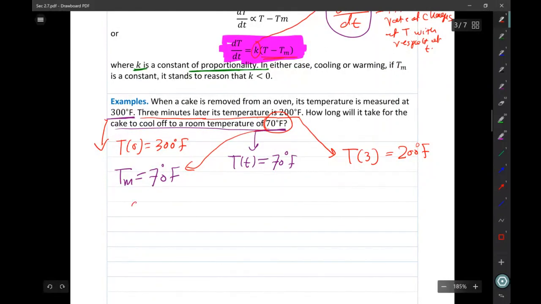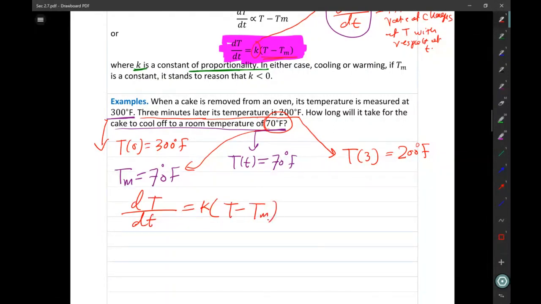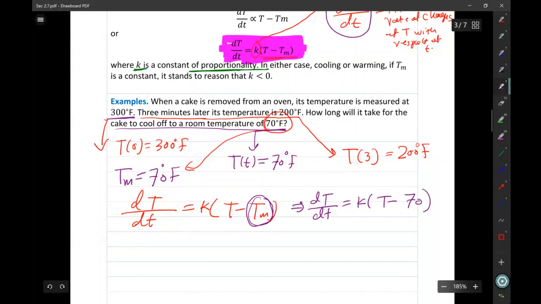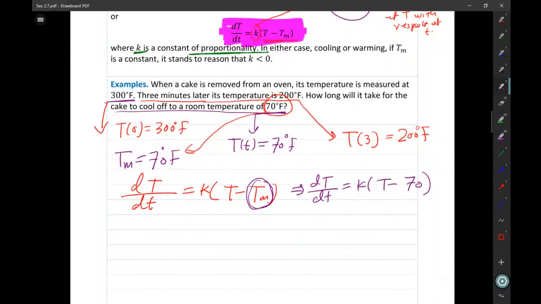Now I have to go back and write that directly. dT by dt is equal to K times T minus Tm. You have to substitute the value of Tm only. dT by dt becomes K times T minus 70. Now solve this differential equation. You can solve it either by separable or linear, any one of them works.